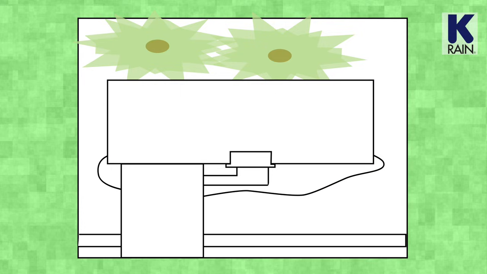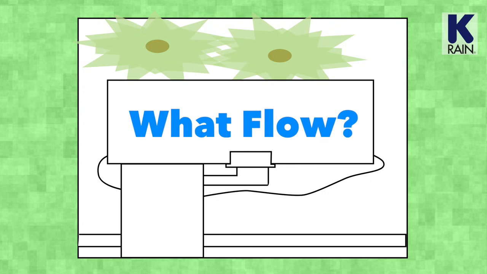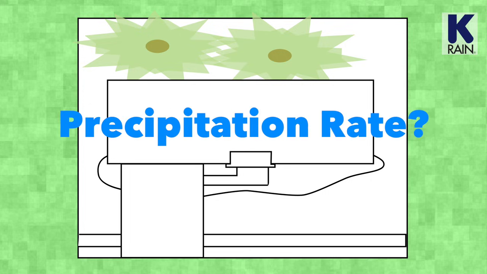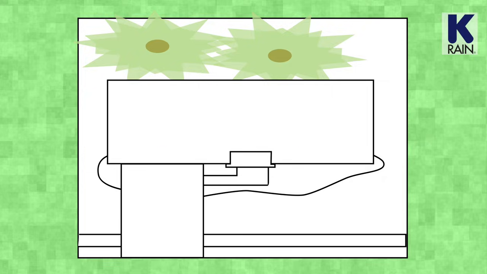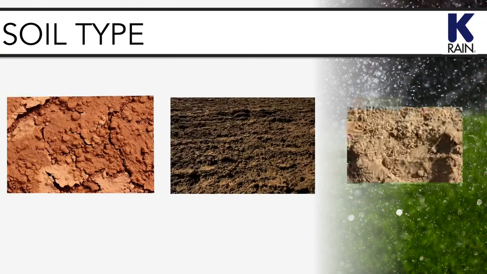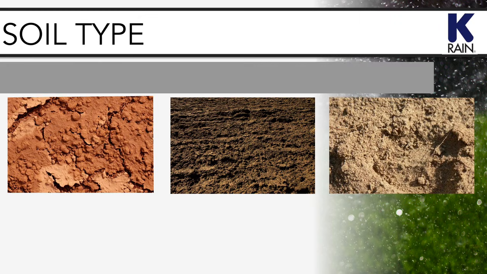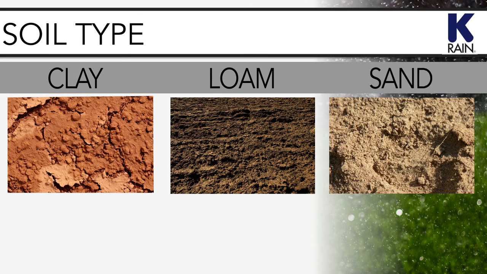That's a good general game plan, but now it's time to specify the details. Which sprinkler? With which nozzle? And what flow and precipitation rate? To begin, let's consider the last piece of information we talked about gathering at your site visit: the soil type. Soil type matters a lot when you're installing drip irrigation because water travels very differently in different soil types.